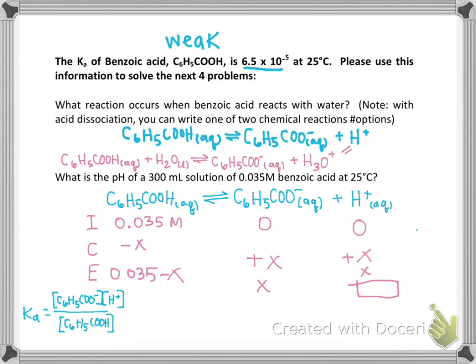And they've given us this value above. So that's 6.5 times 10 to the negative 5. And so we can set this equal to x squared over 0.035 minus x.